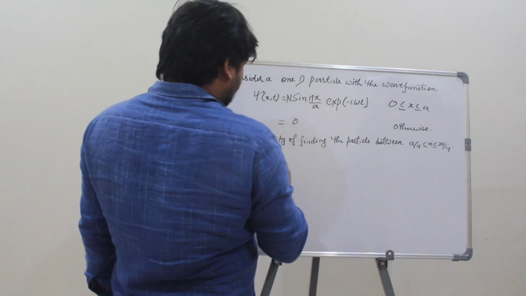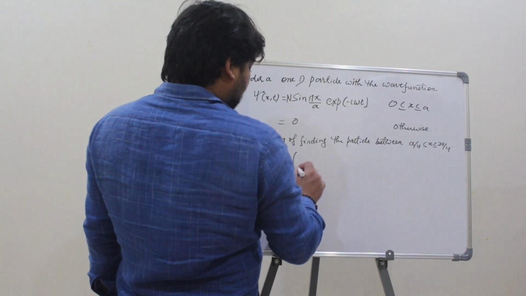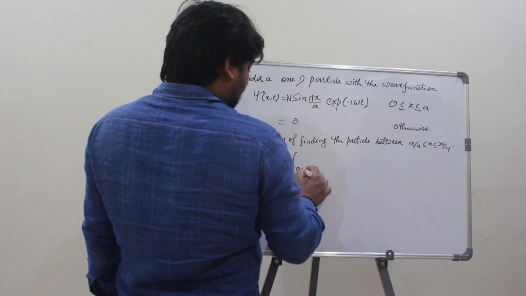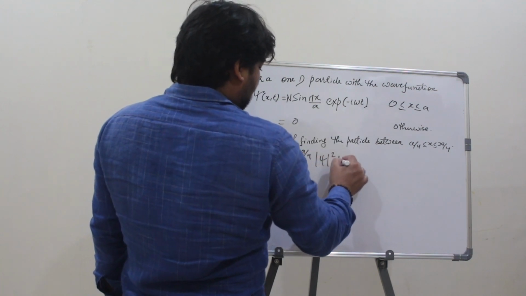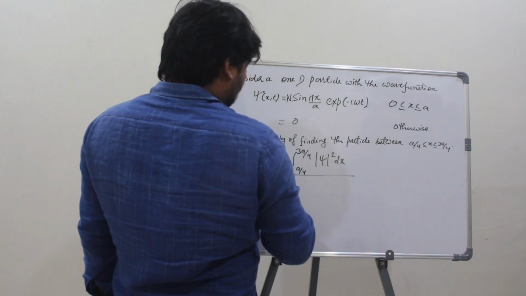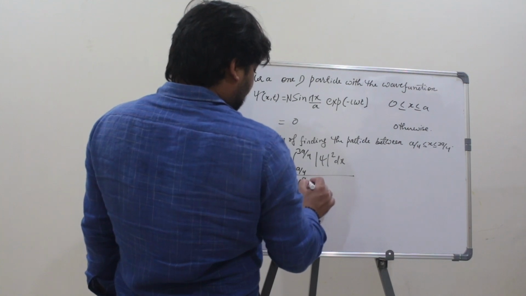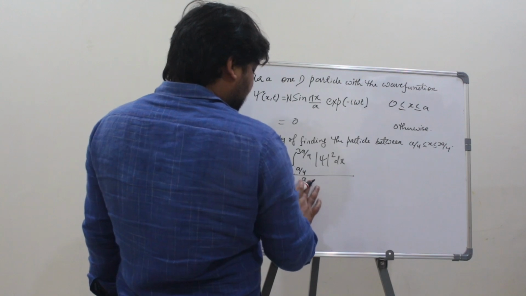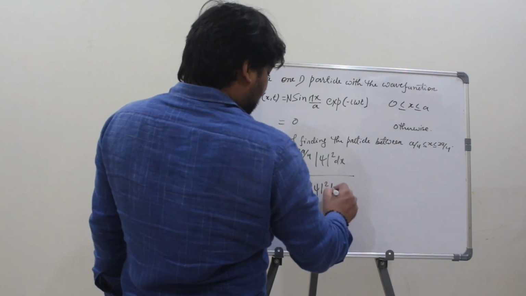So what we will do is the probability will simply be this. We will use the general formula of probability: the integral from a by 4 to 3a by 4 of mod psi square dx, whole divided by the integral from 0 to a, which is the interval, of mod psi square dx.